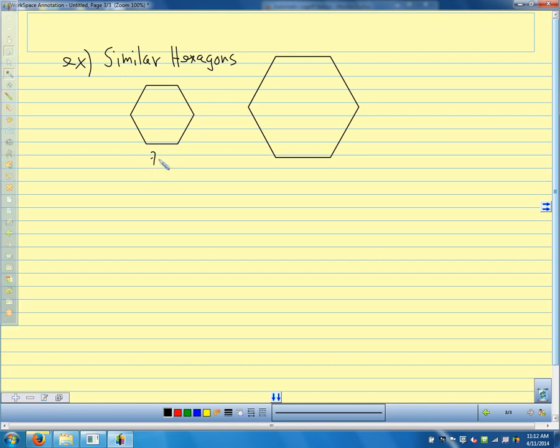And we're going to say that this side is 7 feet and the bigger side is 10 feet. And the problem tells us the area of the smaller is 127.3 square feet. We want to find the area of the bigger.